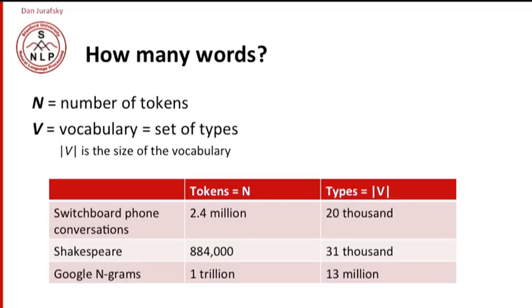So how many words are there in English? Well, if you look at conversation, 20,000 different words. If you look at Shakespeare, 30,000 words. And if you combine the two, probably somewhere, not quite the sum of the two, but some larger number. But you look at the Google Ngrams, we have 13 million words. And of course, some of those are probably URLs and email addresses. But even if you eliminate all those, the number of words in a language is very large.